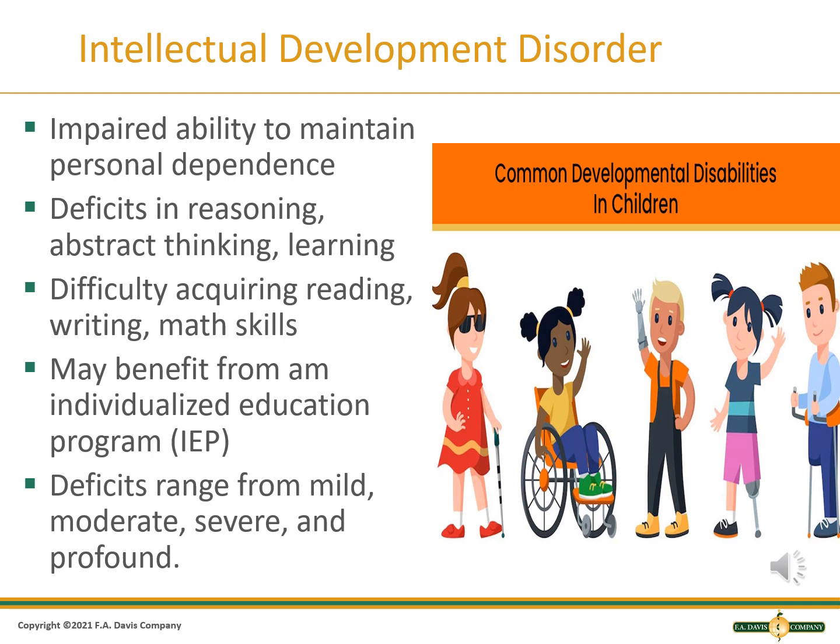Severity ranges from mild, moderate, severe, to profound, based on adaptive functioning within the three domains. Most children receive help from individualized education programs, also known as IEPs, and are put in self-contained classrooms.